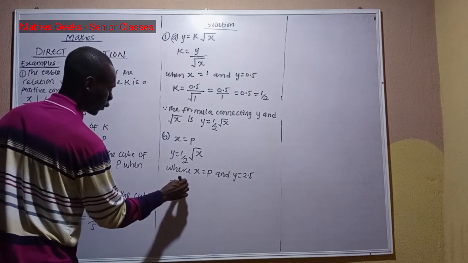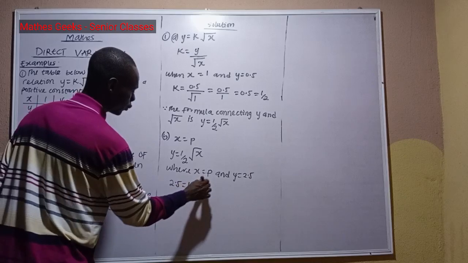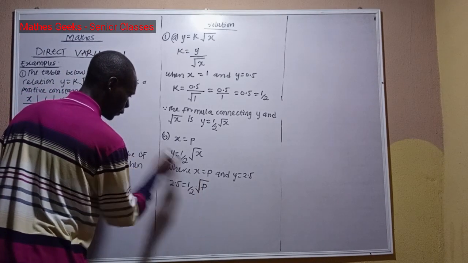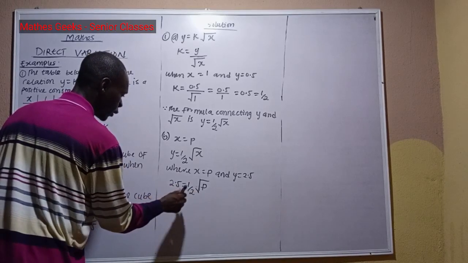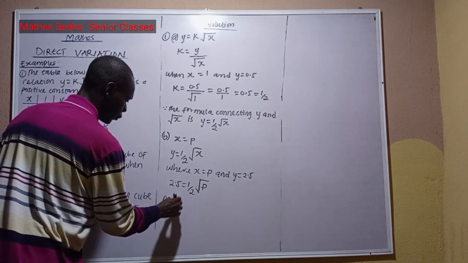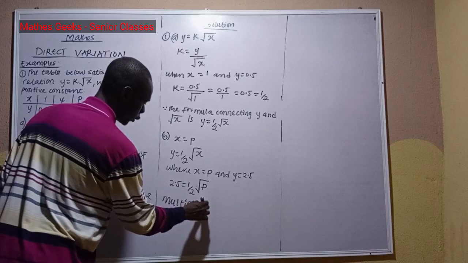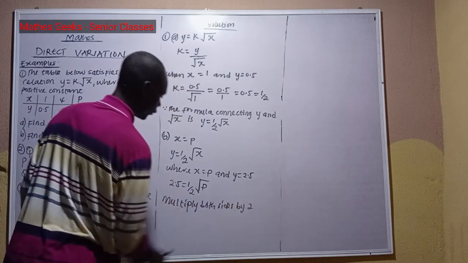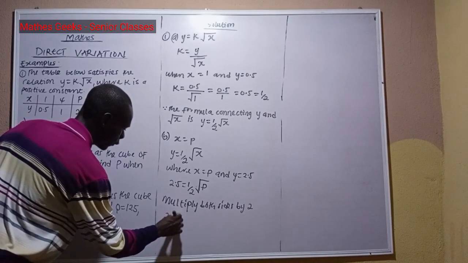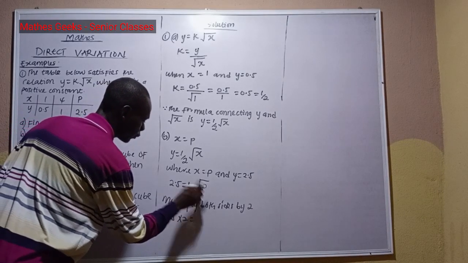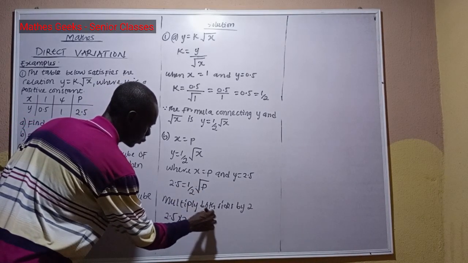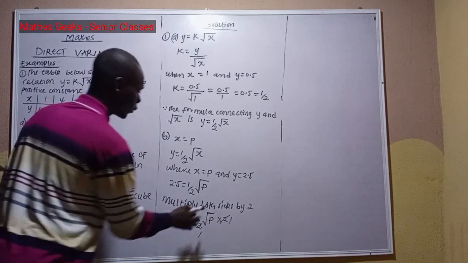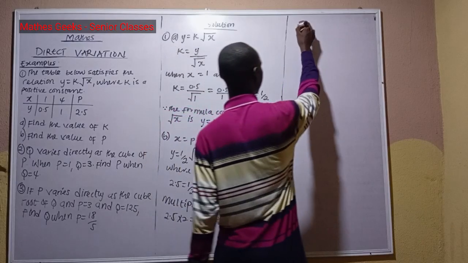So 2.5 is equal to 1 over 2 root p. Multiply both sides by 2. 2.5 times 2 is equal to 1 over 2 root p times 2; 2 divided by 2 is 1, so 1 times root p is root p.